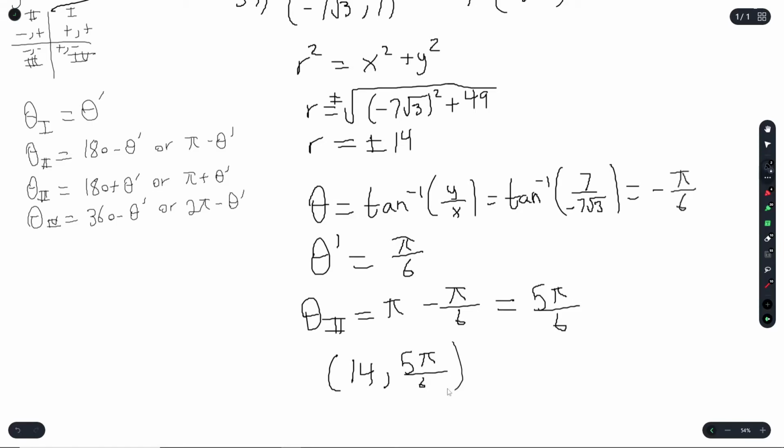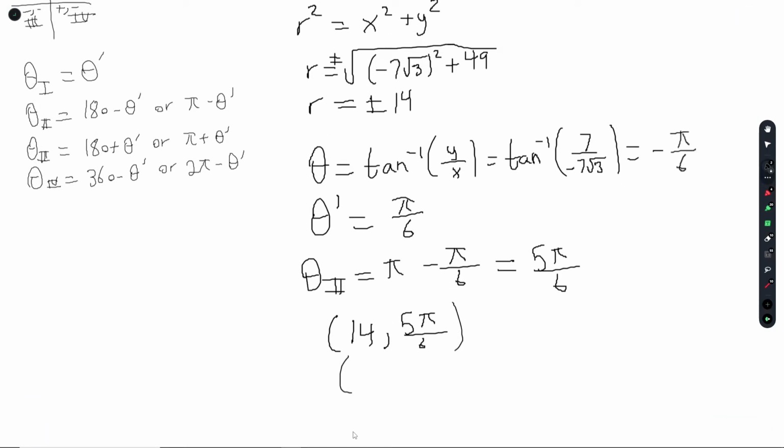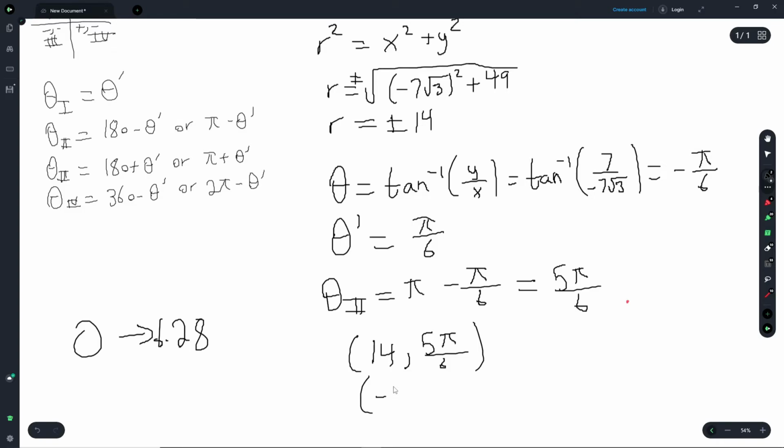And then for the negative part, we're gonna have to add or remove pi, and depending on our range, which is 0 to 6.28, we're gonna decide which one we want to use. Negative 14, and then we add pi or remove pi.